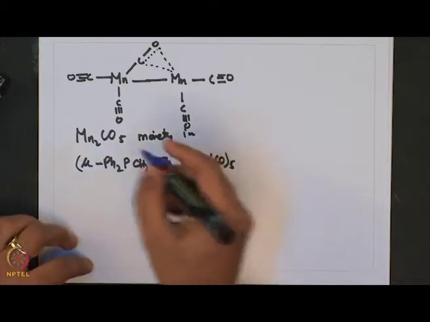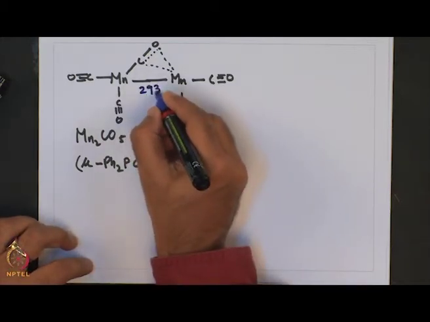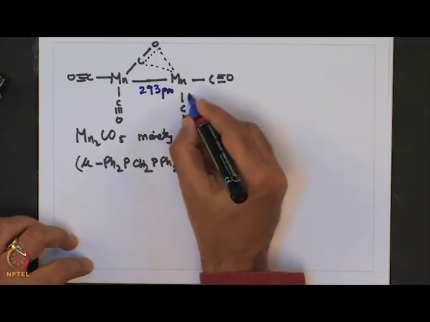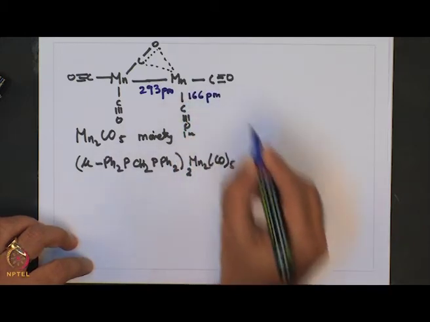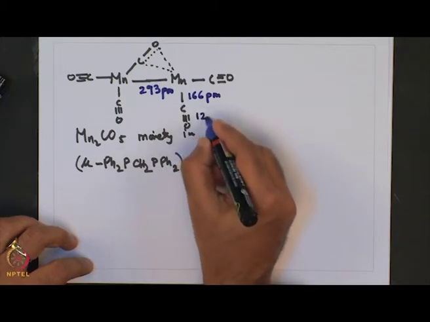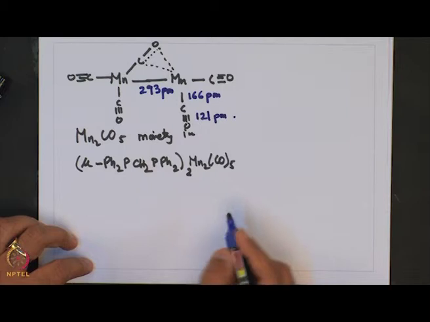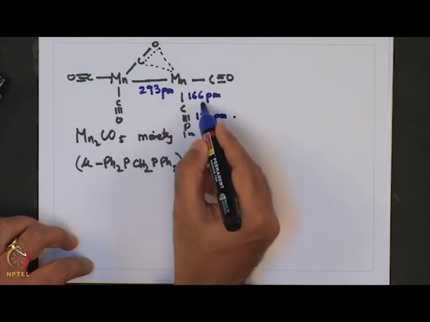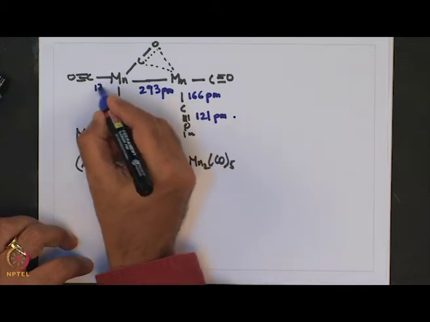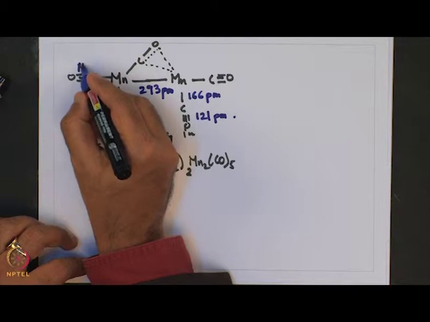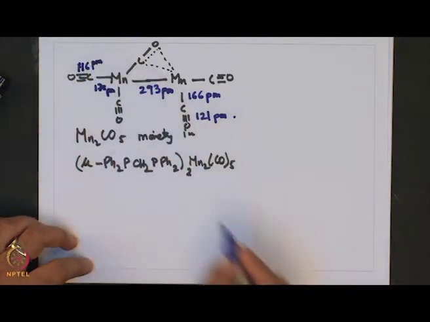Now, the manganese-manganese distance is 293 picometer, the manganese-carbon distance is 166 picometer, for a terminal carbonyl, and the CO distance is 121 picometer. In this other terminal carbonyl, the metal-carbon distance is 166, this is 175 picometer, and this carbon monoxide is 116 picometer.